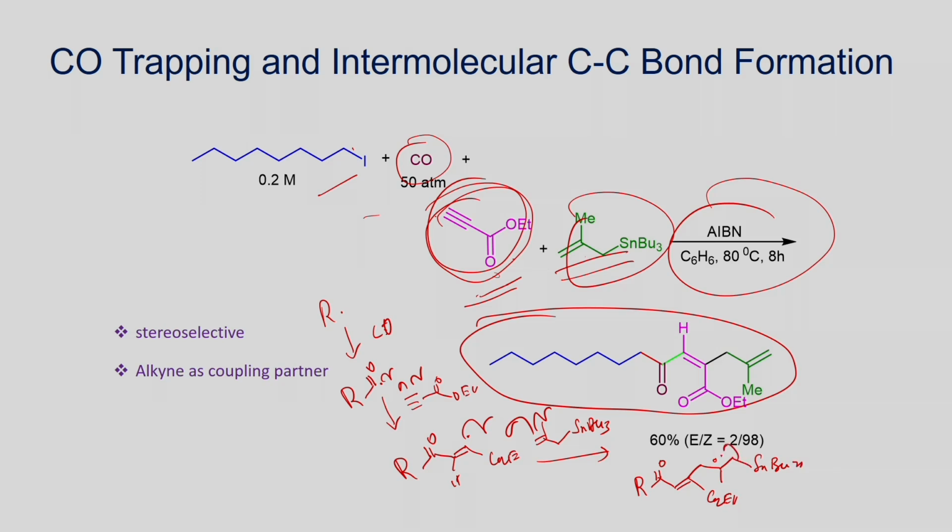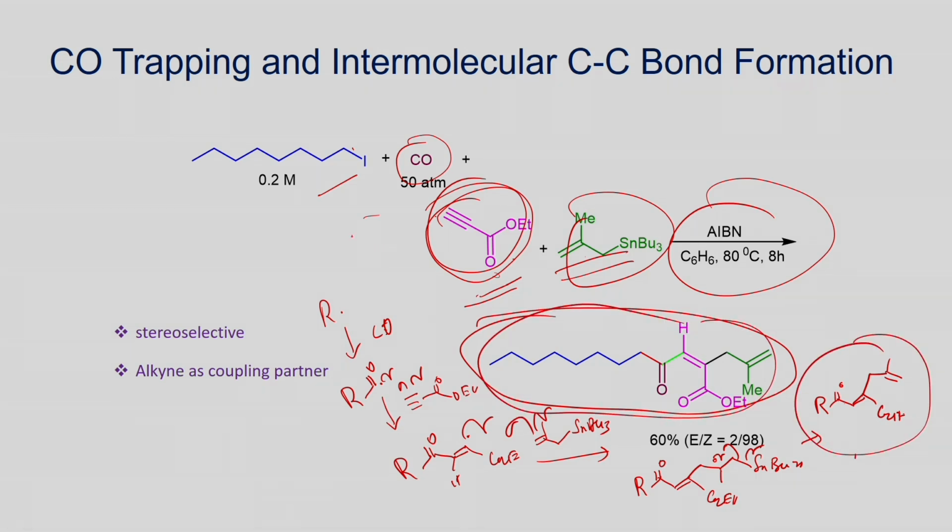Once you form this radical, it can undergo homolytic cleavage, and you will be able to form this as the product.